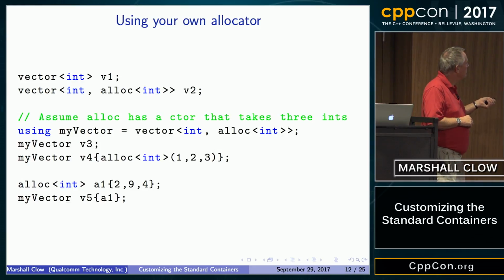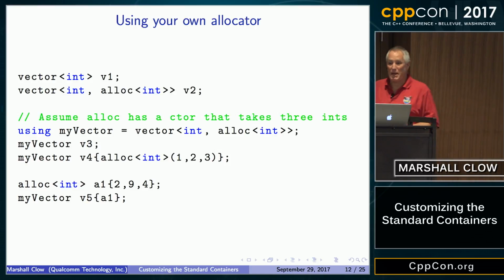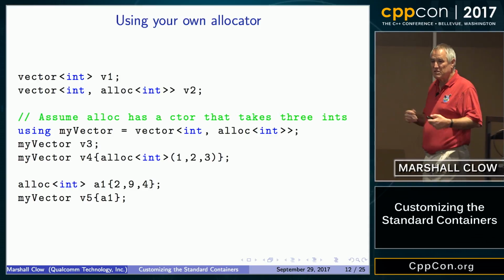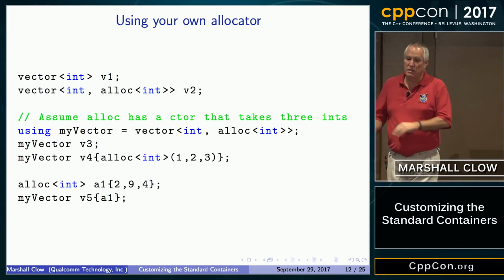Now here I'm making a typedef for my vector. My vector v3 is very much the same as v2. For my vector v4, I'm passing in an allocator. I'm making an allocator and passing it in, and because it's temporary, it's going to get moved into the vector.